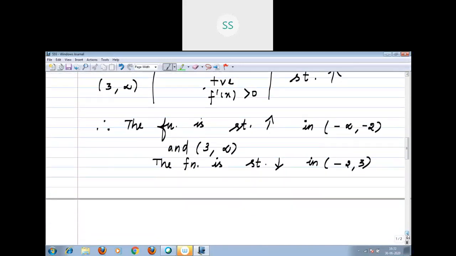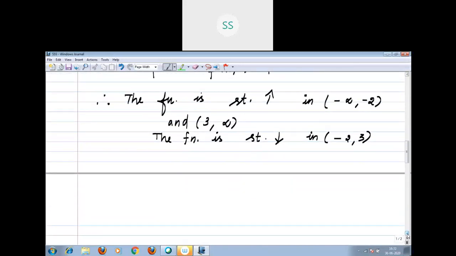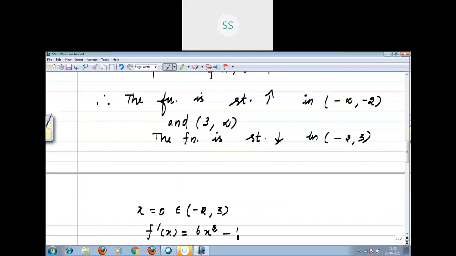I told you, I can assign x equal to 0, that belongs to the interval minus 2 comma 3. What is your derivative? f dash of x equal to 6x square minus 6x minus 36. This is your derivative. You know very well, right, children?